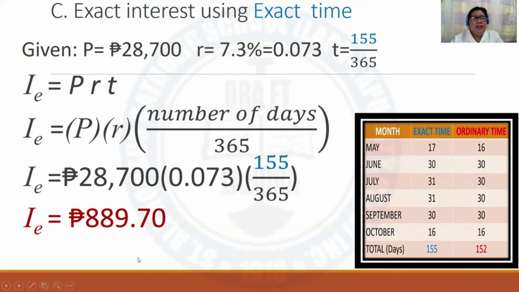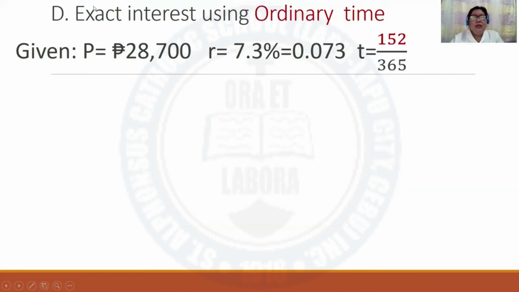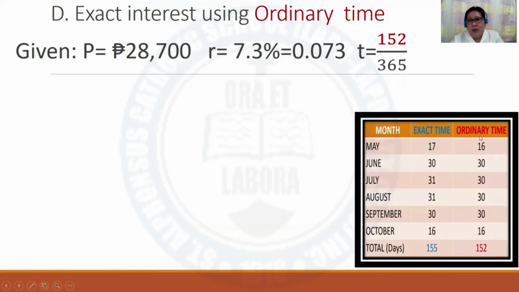And for the last one, computing for the exact interest using ordinary time. By this time, we're using 152 over 365. Ordinary time total is 152, and 365 since we are computing for the exact interest.